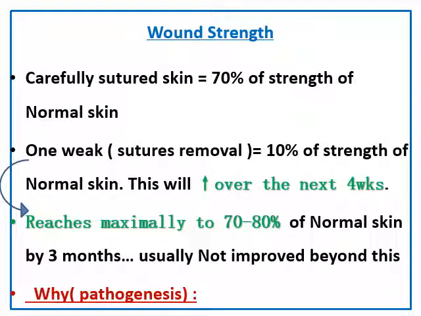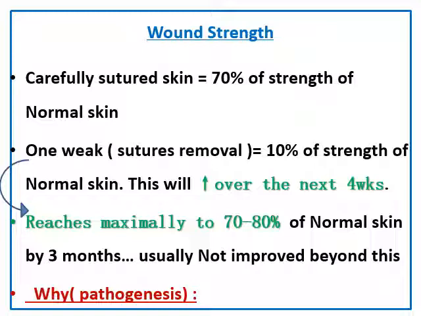Wound strength. Carefully sutured skin leads to 70% of the strength of normal skin. At 1 week, at suture removal, the wound has 10% of the strength of normal skin. This will increase over the next 4 weeks, reaching a maximum of 70% of normal skin by 3 months.